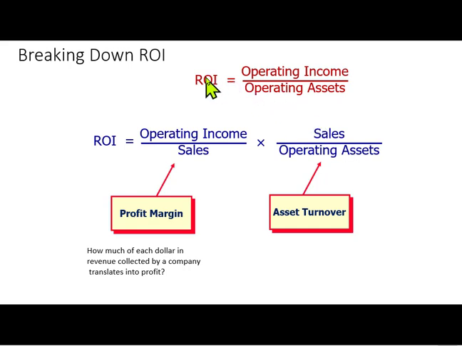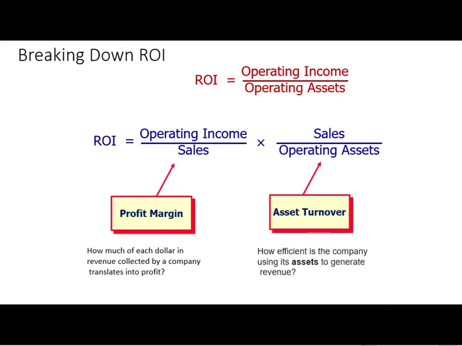So, like I said, the original return on investment formula is operating income divided by operating assets. But sometimes it's necessary to break this into a little bit more pieces, which would be saying profit margin times asset turnover.